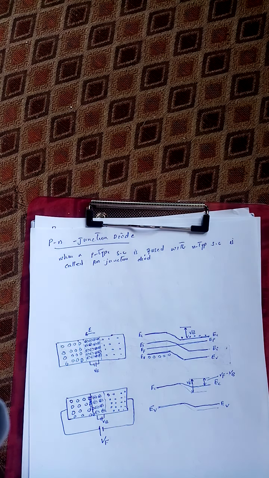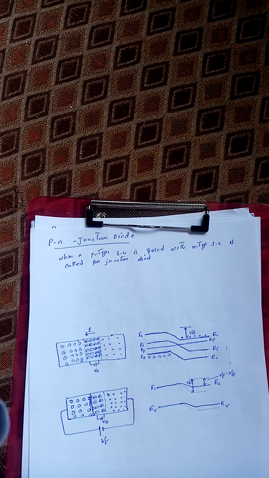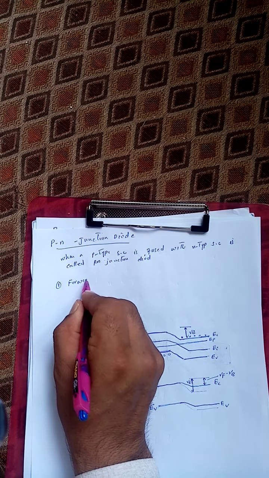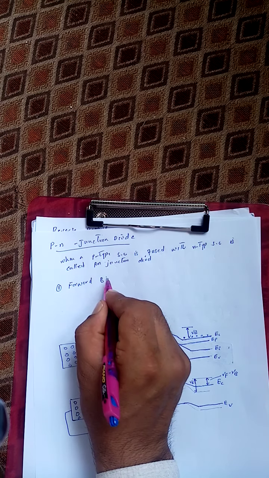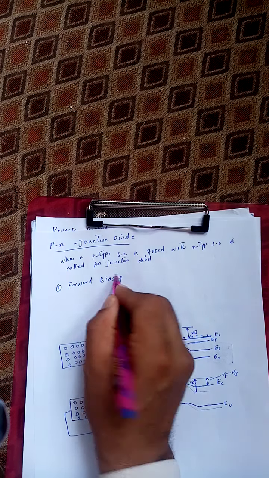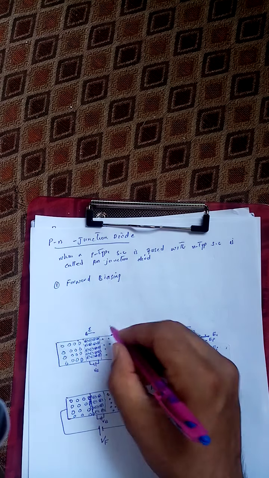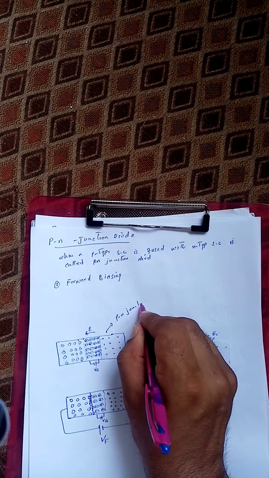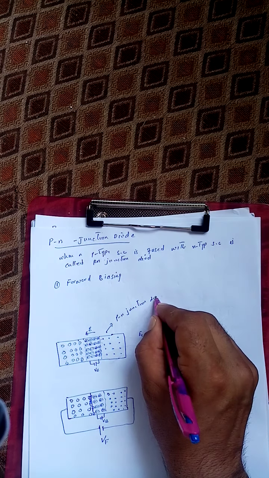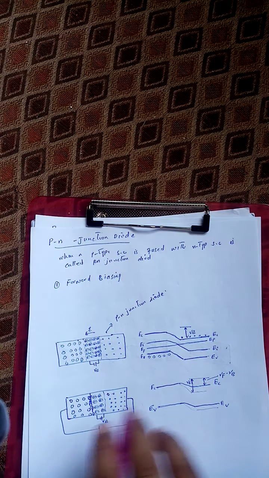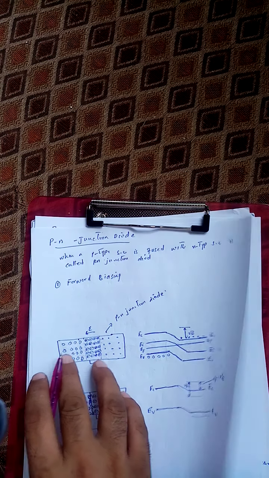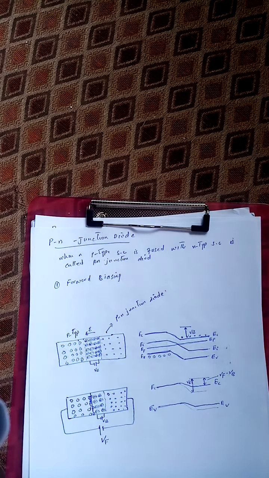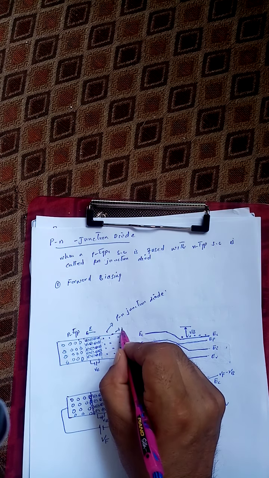Now a p-n junction diode operates in two different ways. The first one is forward bias, or forward biasing. This is the p-n junction diode, because we fused or diffused a p-type material, this is p-type and this is n-type.